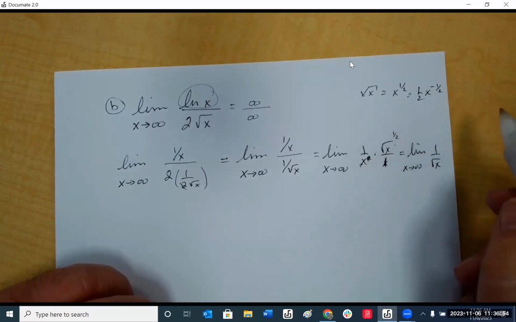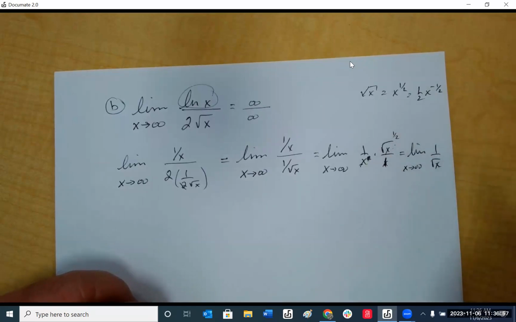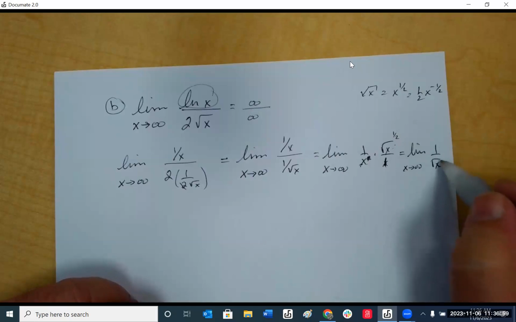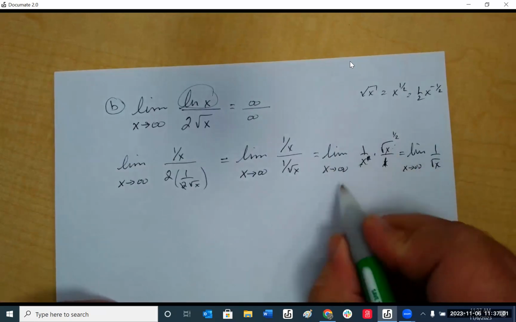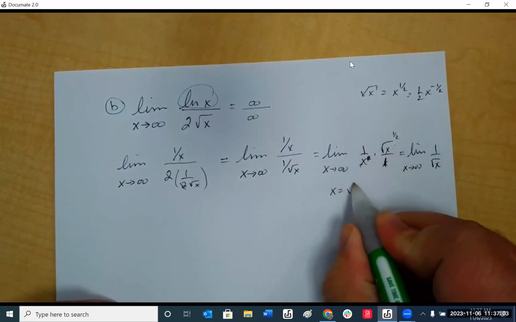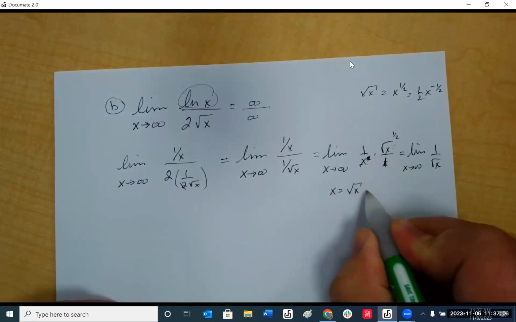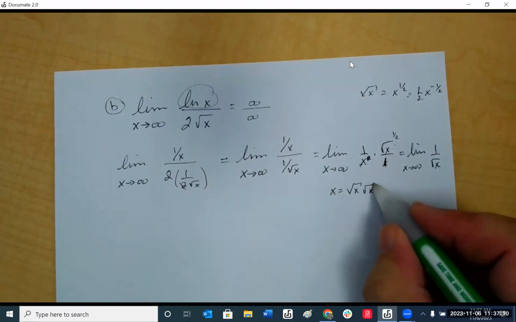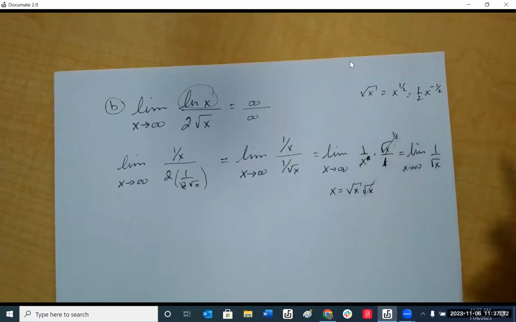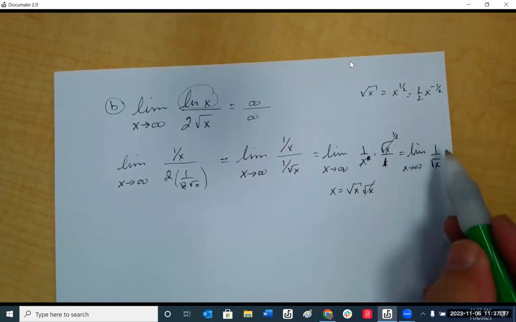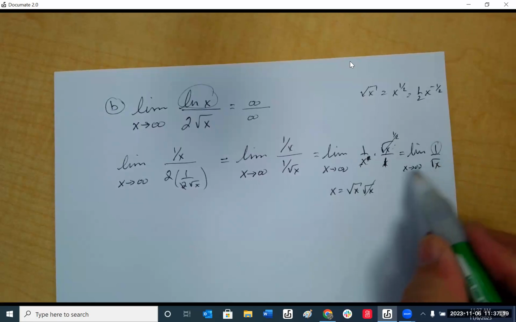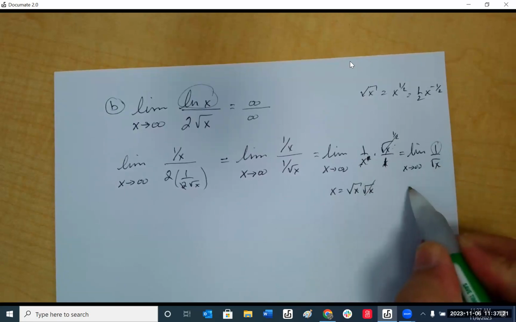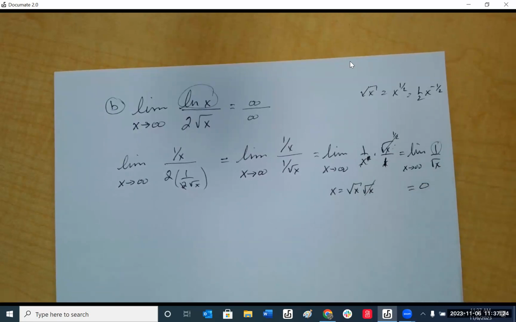So both of these can cancel, which leaves us 1 over radical x. Because think what we have here. x is the same thing as radical x times radical x, right? So one of these cancels with that one. So we just have that. Since the bottom goes to infinity while the top stays 1, the answer is 0.